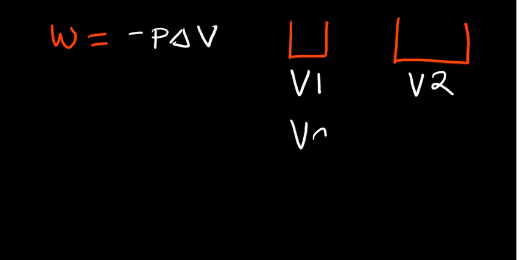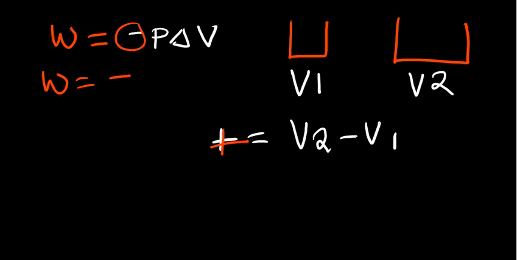So if you subtract volume 2 minus volume 1, it's going to give you a positive result, because the other one is bigger and this one is smaller. If you have a positive value, then because of that negative in the formula, your work is negative. So it is going to be negative in the case of expansion. That's what we said.